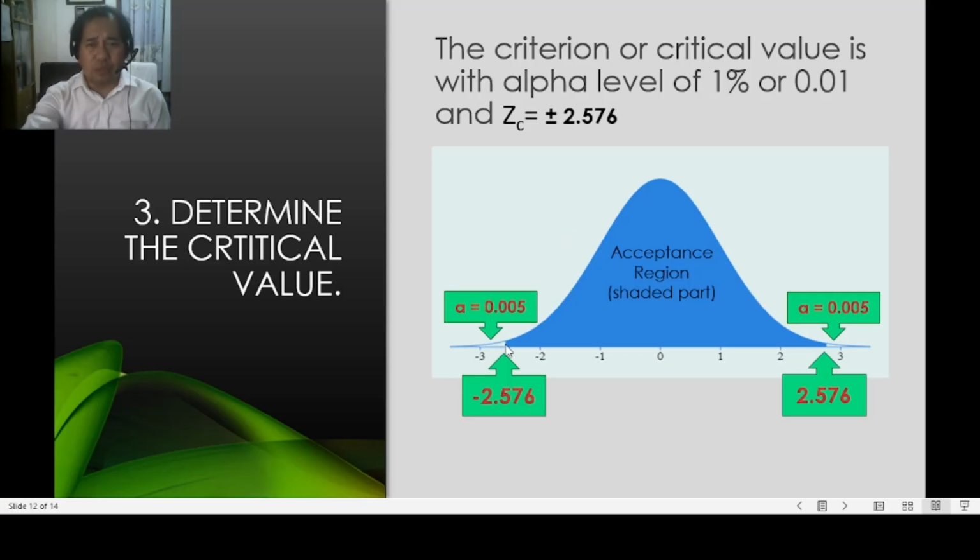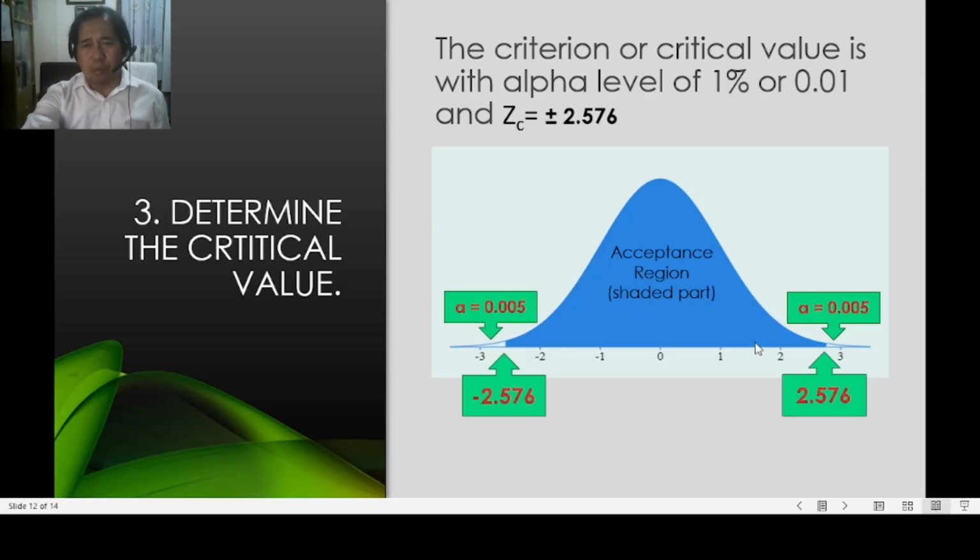The critical value is actually the boundary between the acceptance region, the shaded part in blue, and the unshaded one. That is the critical value, which in our example is 2.576. So it is located here.